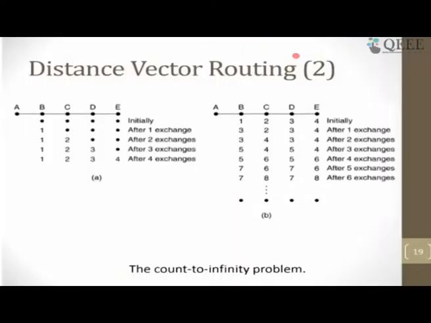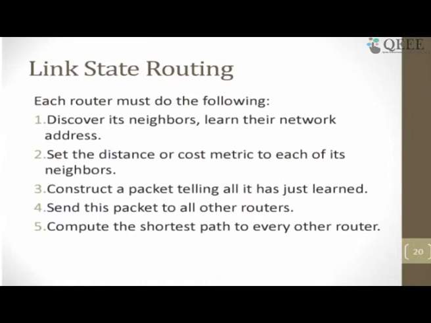So, now we have understood the status of distance vector routing. Distance vector routing has this problem of counting up to infinity. And when will distance vector routing work very well? When there is minimum failure.